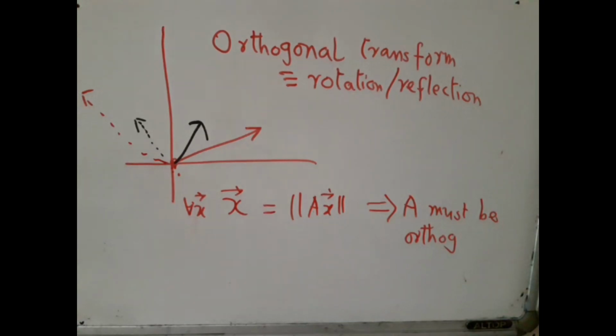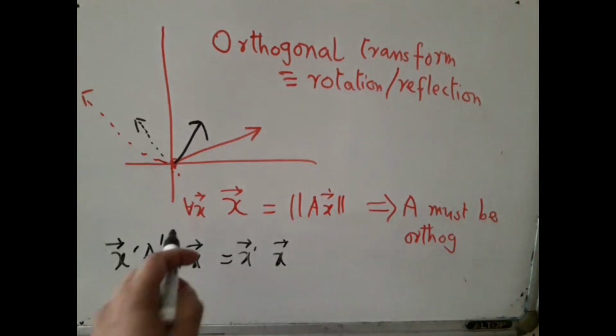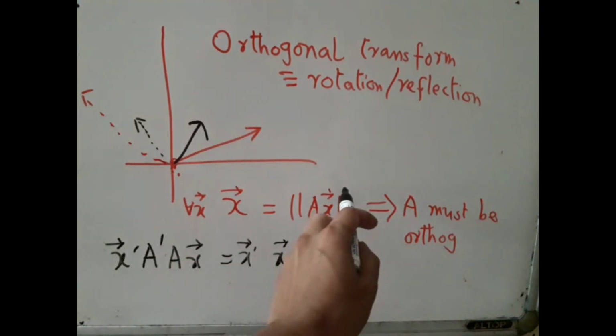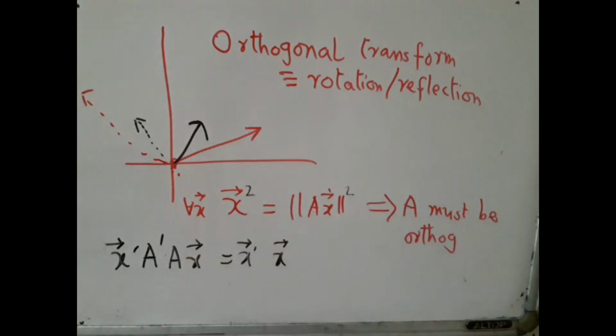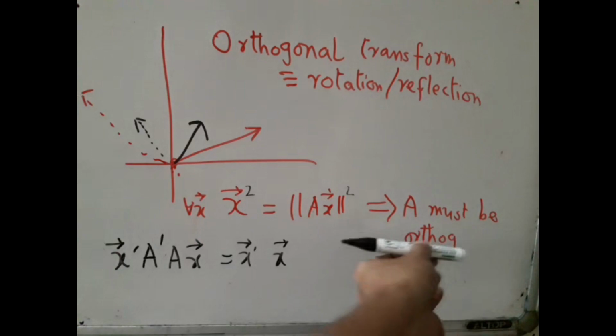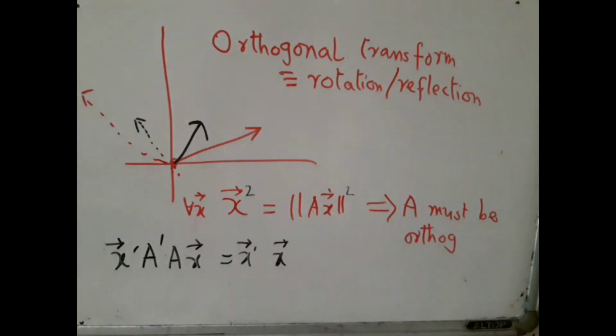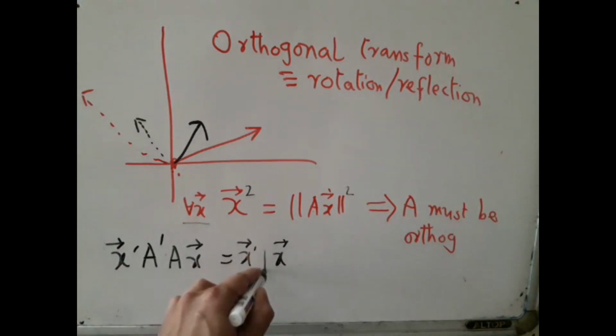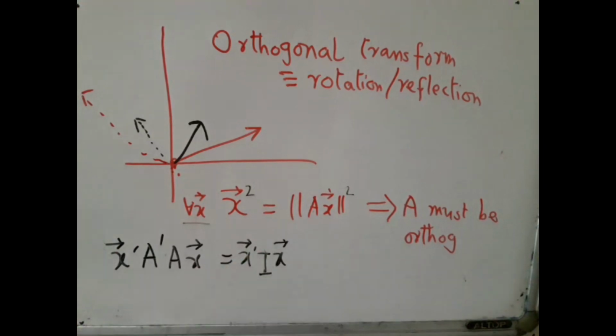The proof of this implication is not at all difficult and goes like this. This condition, if I put a square on both sides, translates to this, much in the way we showed the reverse implication. That is, x transpose A transpose A x is x transpose x, and this holds for all x. Now just write this side as x transpose I x.